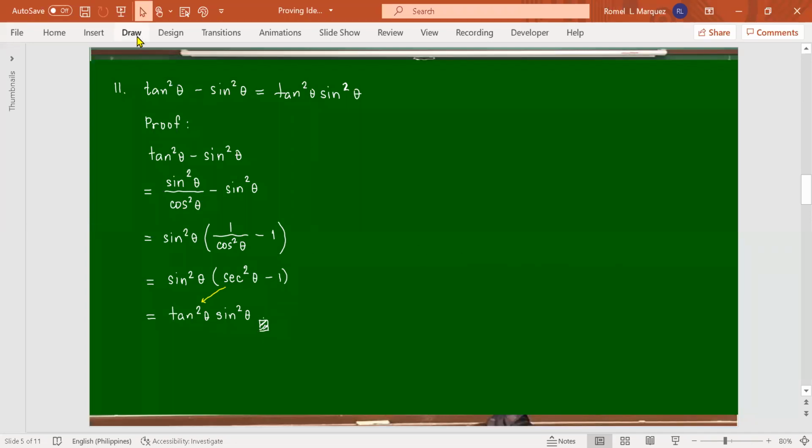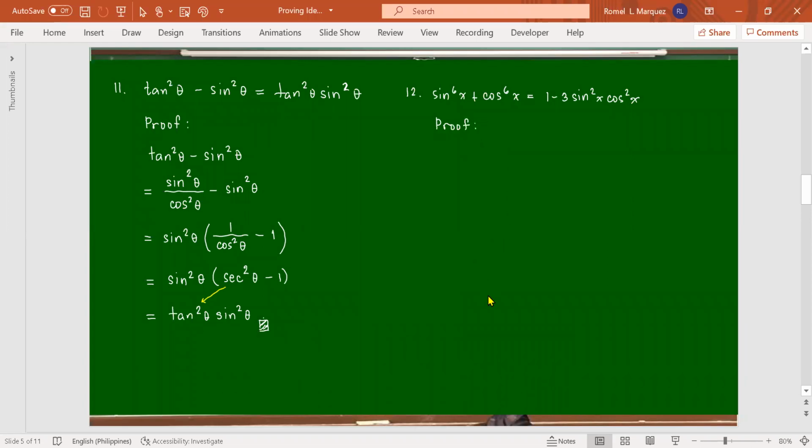So let's now have number 12. We have sine to the 6x plus cosine to the 6x, and this is equal to 1 minus 3 sine squared x cosine squared x. Okay? So let's see.